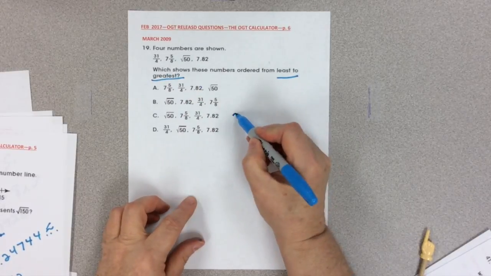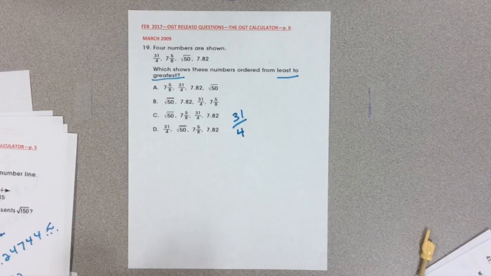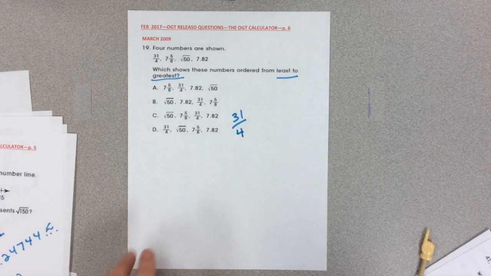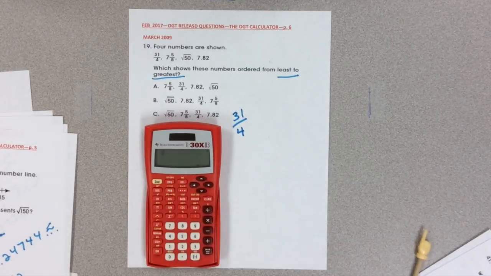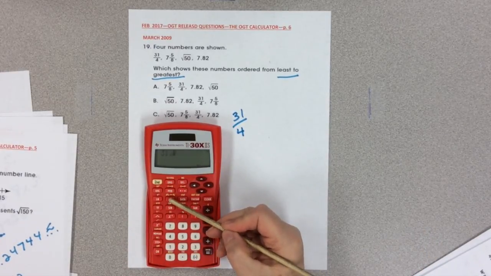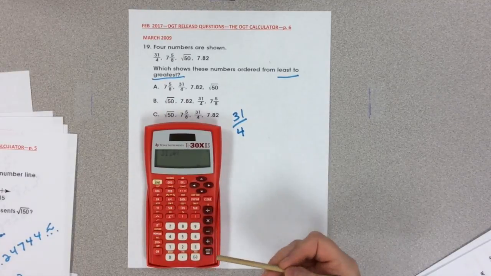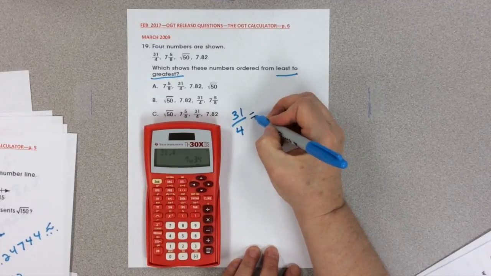I'm going to start with 31/4. There are two ways to change that to a decimal. I can use the ABC button first, which would be 31 ABC 4. That gives me 7 3/4, but that's still not a decimal.